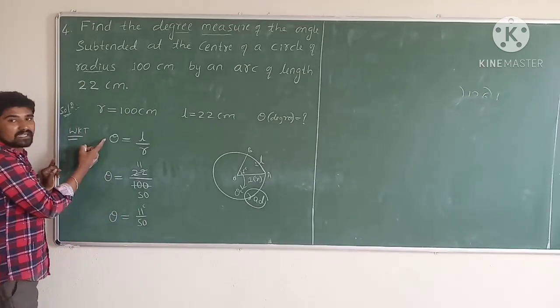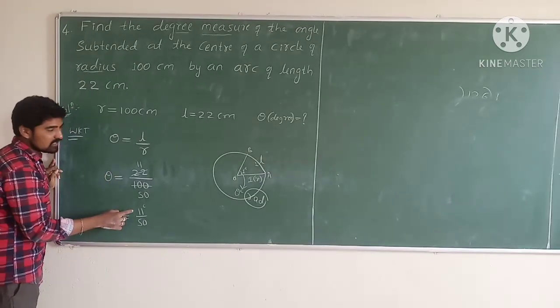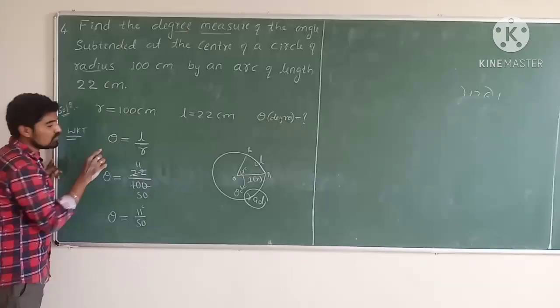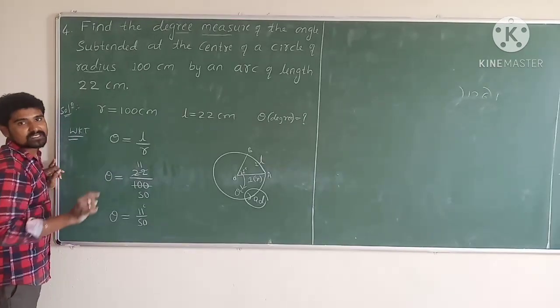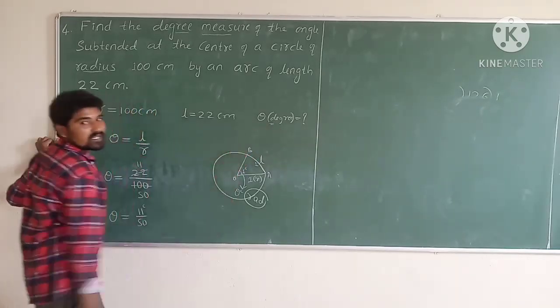So with this formula, any angle we get will be in radians. Whatever angle we substitute in this formula must be in radian measure. But we need to find the value of the degree measure of the angle.